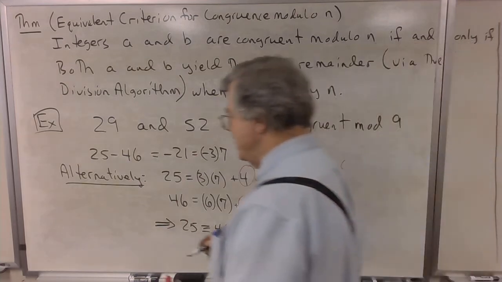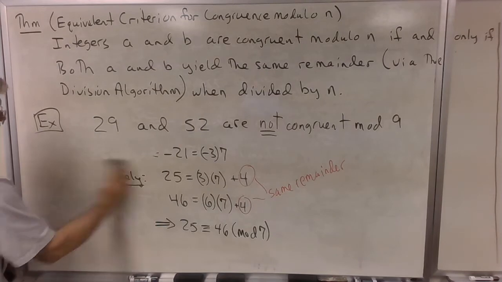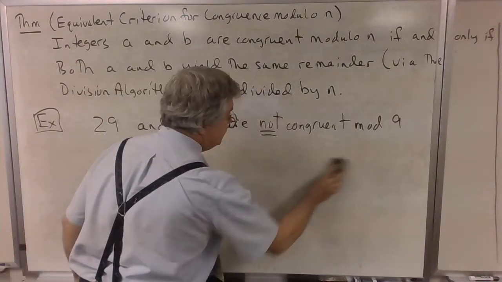Okay, we'll say they're not congruent mod 9. And there are two ways that we can do this.